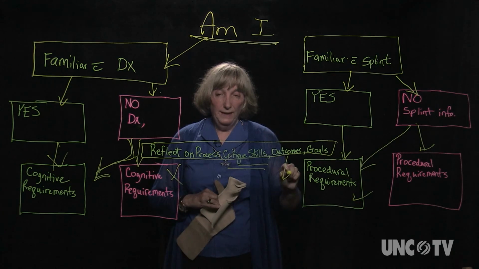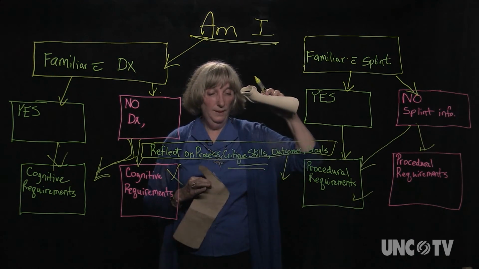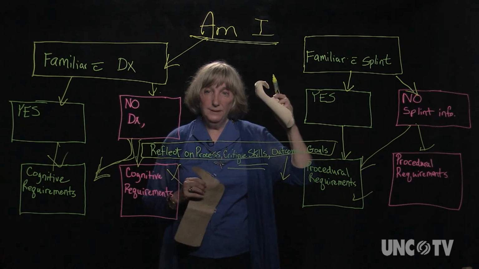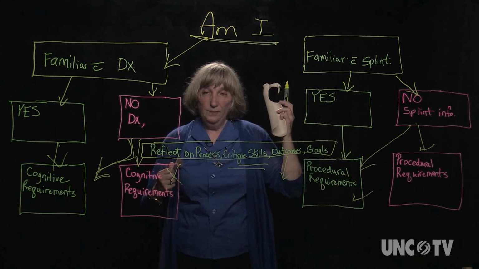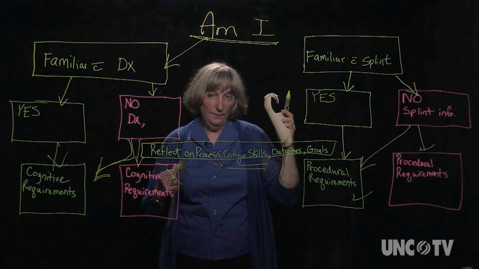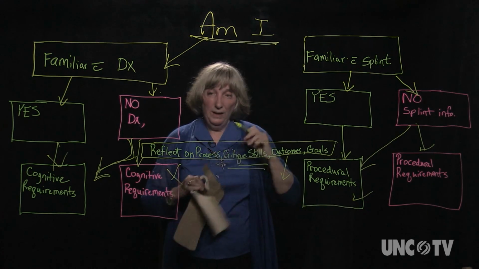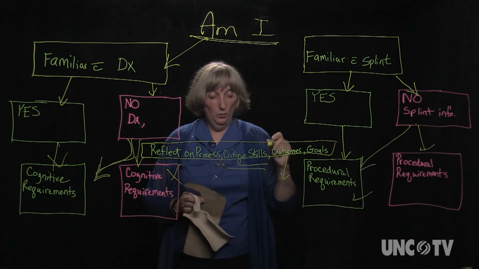Then you're going to look at the outcomes after you make the splint. Is it a good fit? Do I have them positioned the way I need to have them positioned? Do I have any sharp edges and so forth?